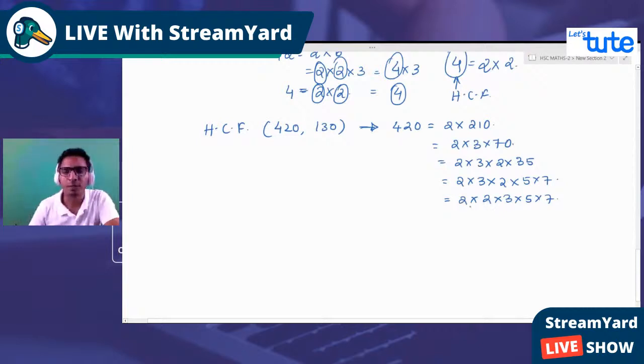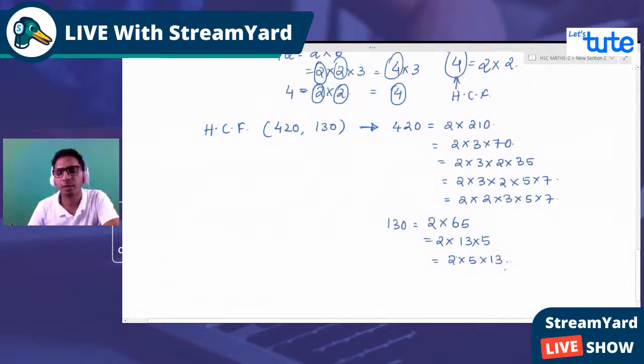What about 130? Let us find the prime factors for 130. We can write this as 2 into 65, so 2 into 13 into 5. So we get 2 into 5 into 13. Now let us figure out the common numbers.